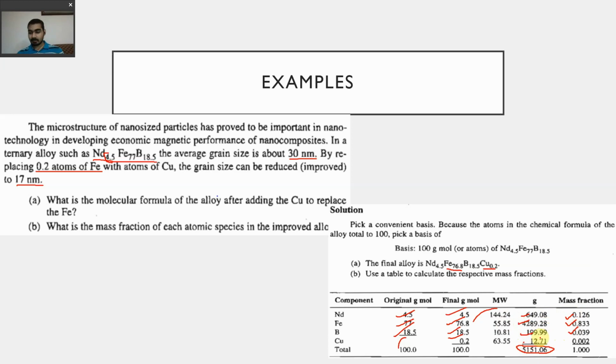So this is how you can calculate the mass fraction. Is it simple? In your exam, nothing more than this will be asked. Okay, so you have to have clear knowledge of how to select a basis.